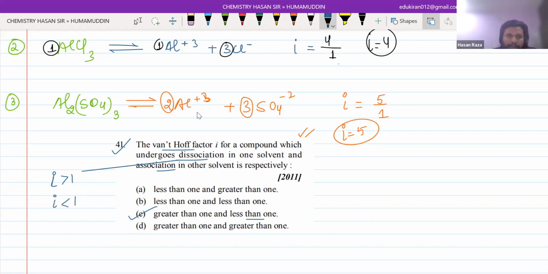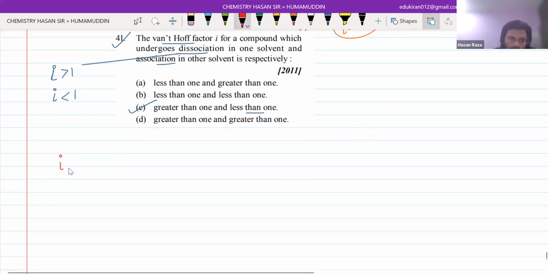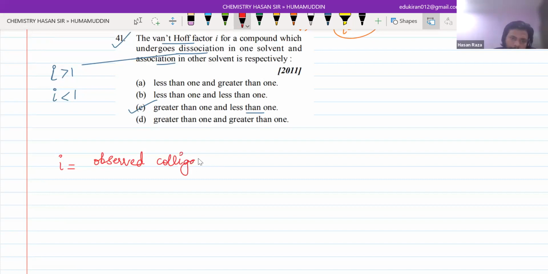Yes, sir. Now the third formula for the Van't Hoff factor: i will be equal to the observed colligative property upon the calculated colligative property.